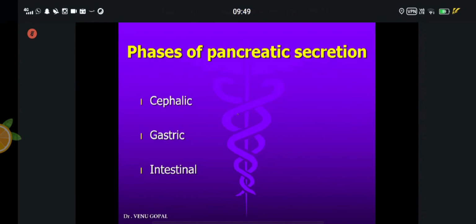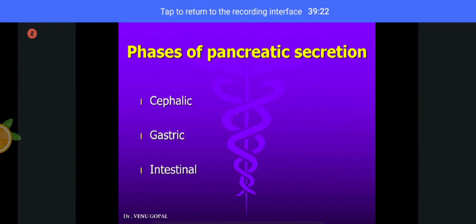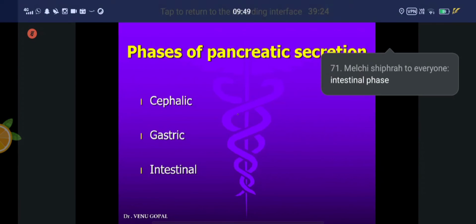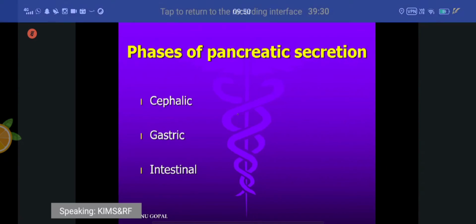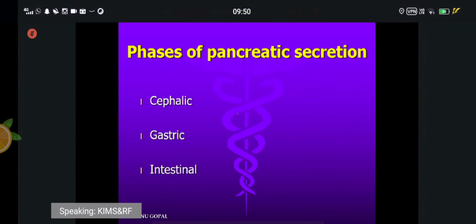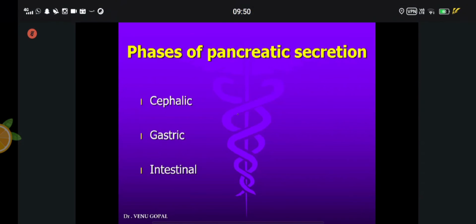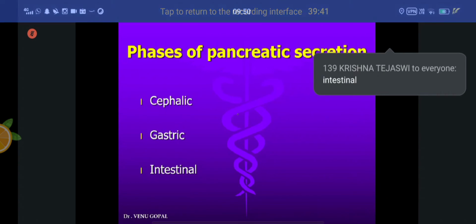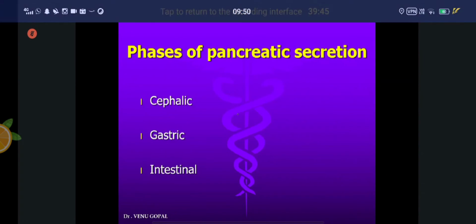If you can recollect, the gastric phase of gastric juice secretion is contributing more, but in pancreatic it is intestinal because the food is actually present. So the intestinal phase of the secretion is contributing to the more volume response. More juice is secreted in that part because the food is actually present in that part.